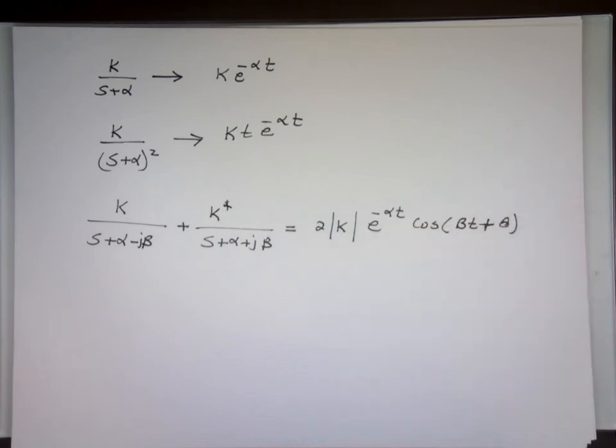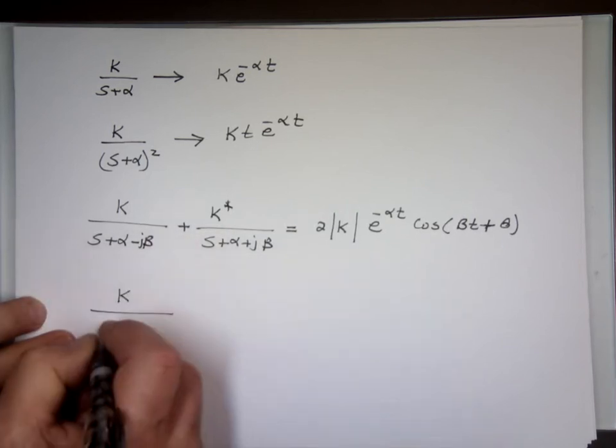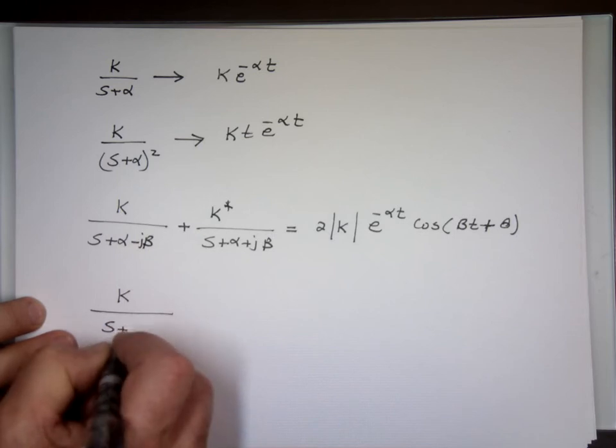And sometimes the bottom ones are squared, s plus alpha minus j beta squared.